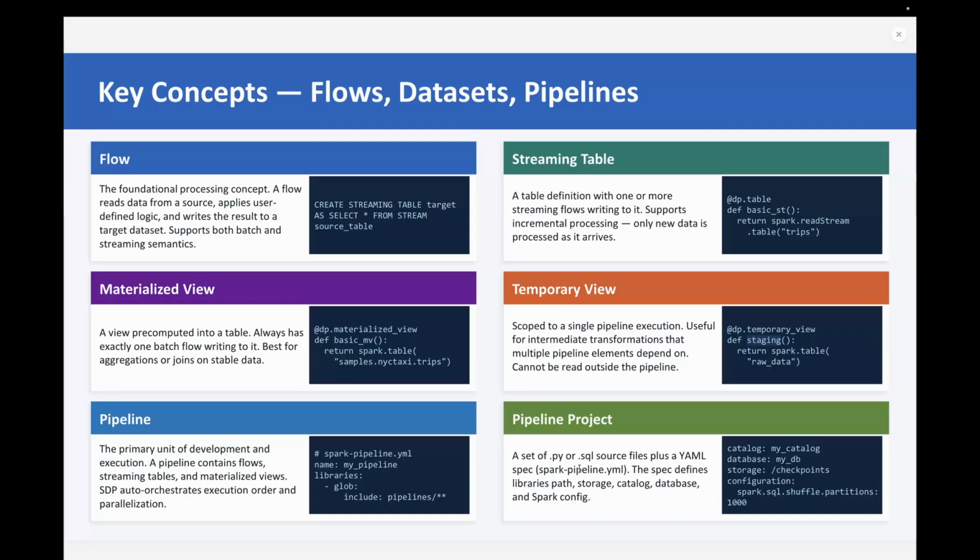In the Spark project, we have catalog name, database, which database it will refer to, storage, what type of storage it is, checkpoint, and configuration like spark.sql.shuffle.partitions. Here I mentioned 1000.